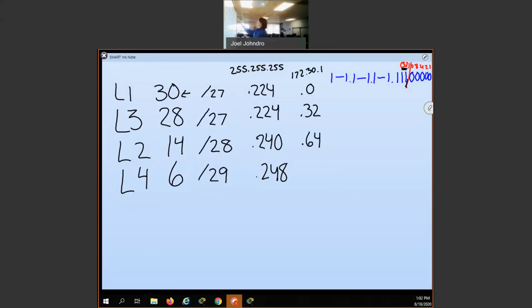Now I'm going to erase this and give myself a little more room. This is a /28. We've got 24 ones to the left of the last octet. The last octet is a /28. So this is 25, 26, 27, 28. The rest are zeros, subnet mask. Magic number above this is 16.